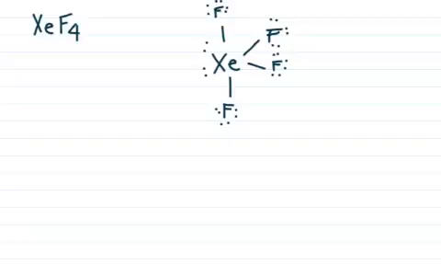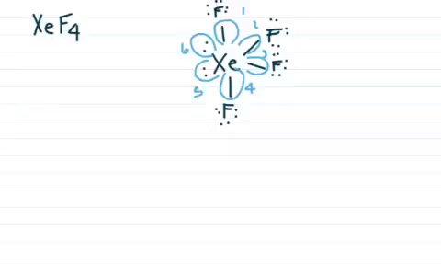So now I'm going to identify the electron group number. So here I have 4 single bonds and 2 lone pairs. So it gives me 1, 2, 3, 4, 5, 6. 6 things around it gives me the octahedral, which looks like this.